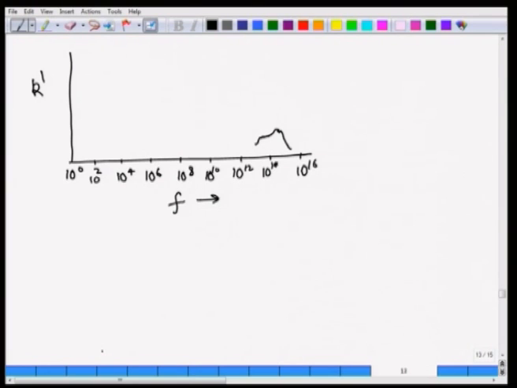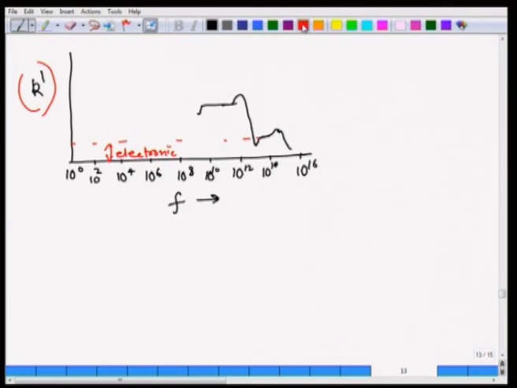So, if I look at this, somewhere here, due to electronic reasons we are having this K prime. Then if you go to slightly lower frequencies, up to about 10 to the power 9, I am going to draw something like this and smoothly join it.